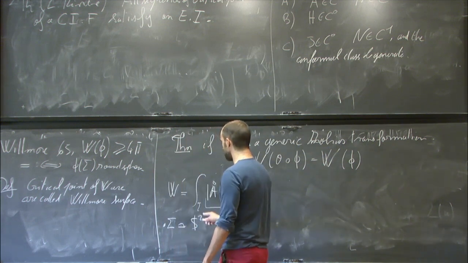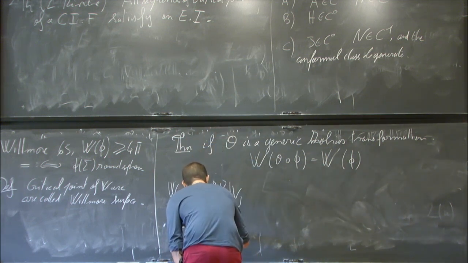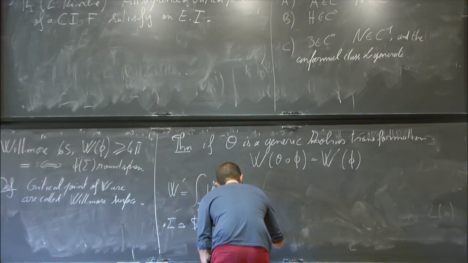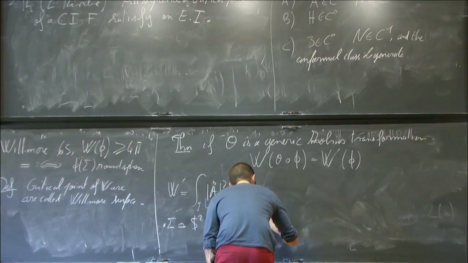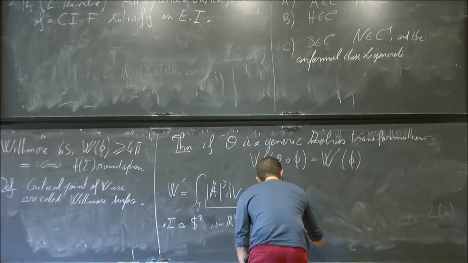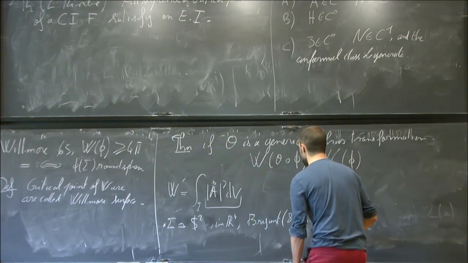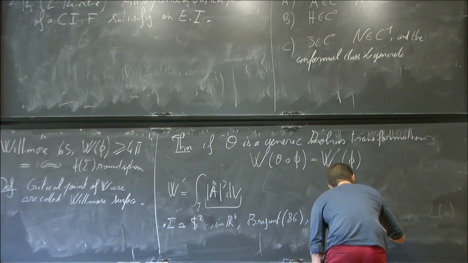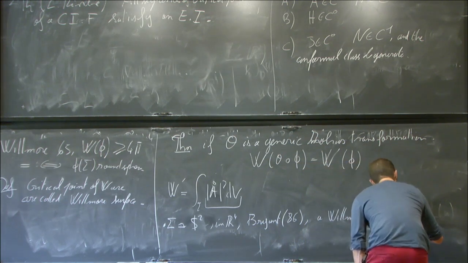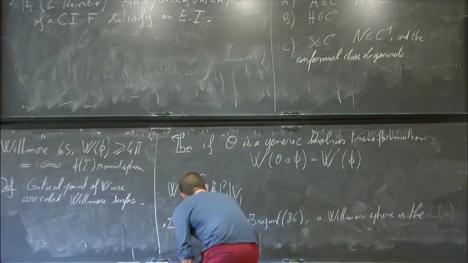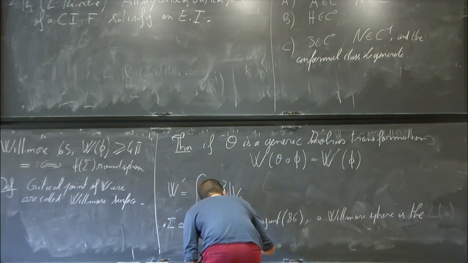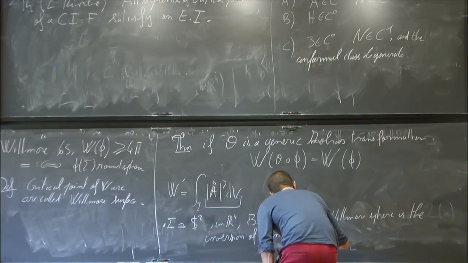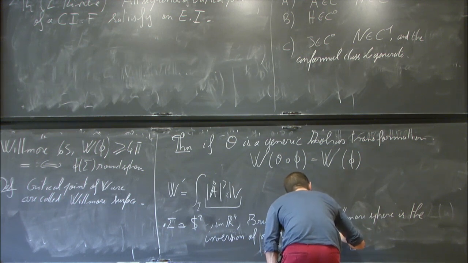So when Σ is a sphere, then in R³ we have a complete classification due to Bryant, '86, I guess, which asserts that a Willmore sphere is the inversion of minimal surfaces with planar ends.